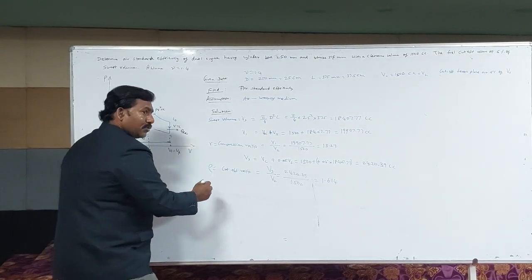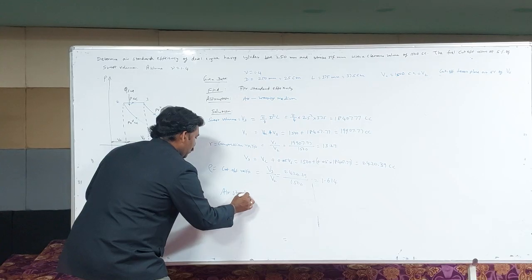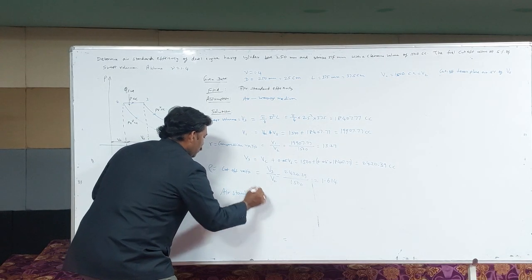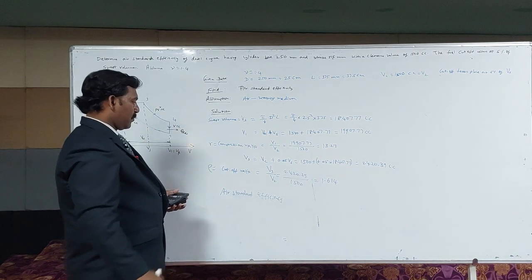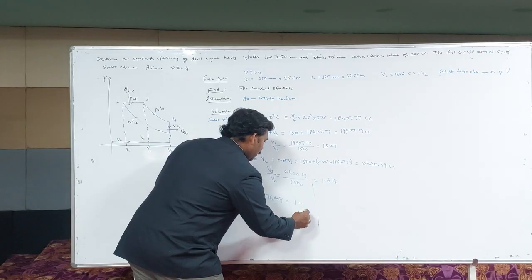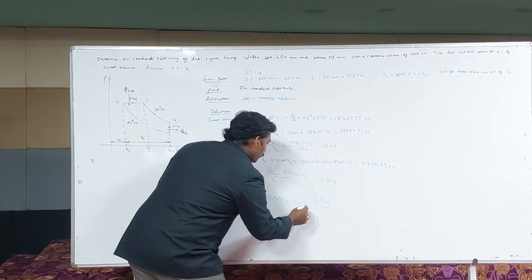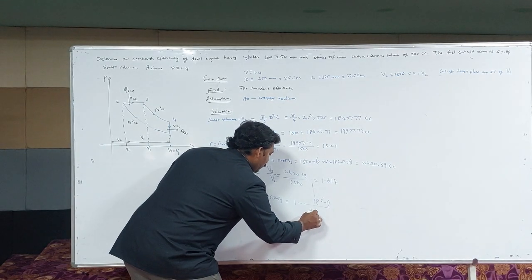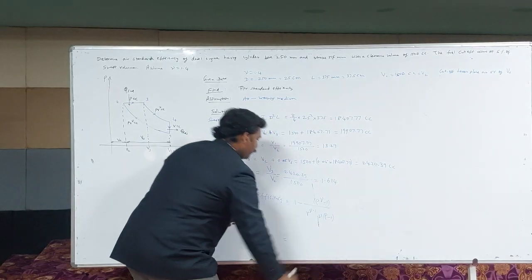So air standard efficiency is equal to 1 minus rho power gamma minus 1 divided by r power gamma minus 1 into gamma into rho minus 1.